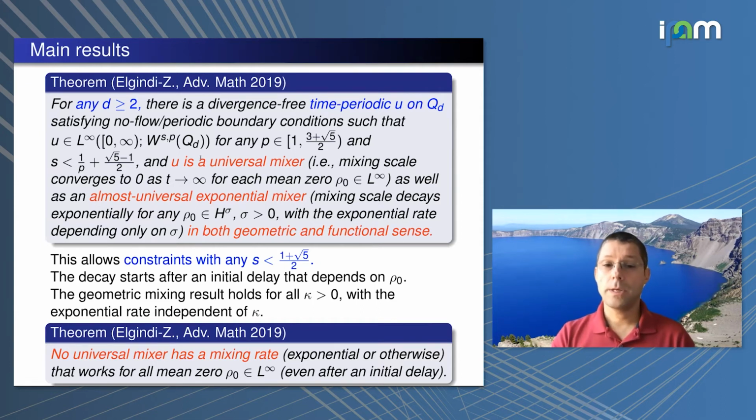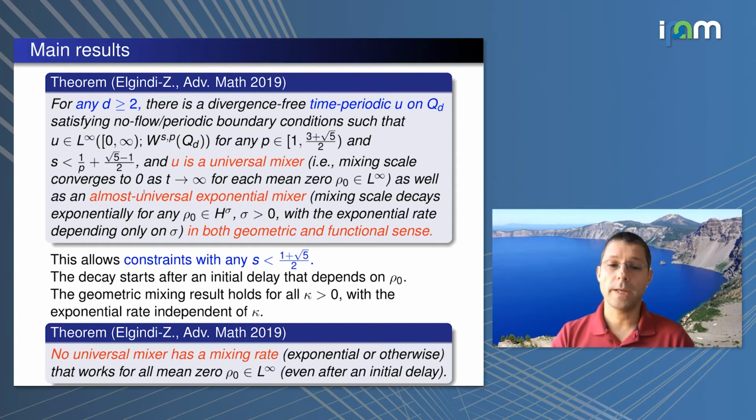And so this flow is a universal mixer in the sense that if you take any initial datum for your transport equation, then its mixing scale converges to 0 as time converges to infinity. But there is no rate. However, if your initial datum has at least some regularity, so it is in some H^sigma for any sigma greater than 0, then in fact the mixing scale does decay exponentially, and the rate only depends on sigma.